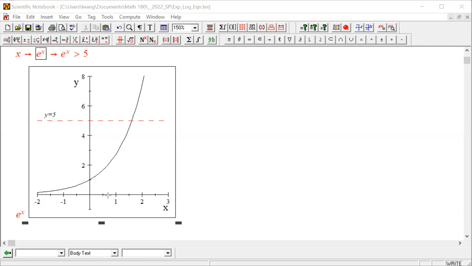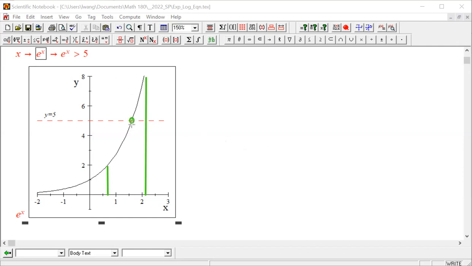Well, for this input, the output is smaller than 5 because it's beneath 5, right? And this input is larger than 5. Okay, and what is the point that separates these, larger than 5 or smaller than 5? This point, right?